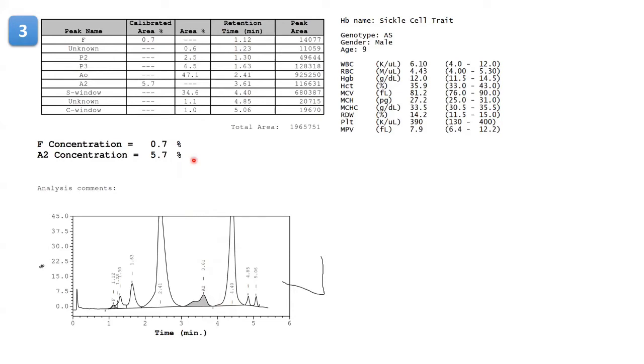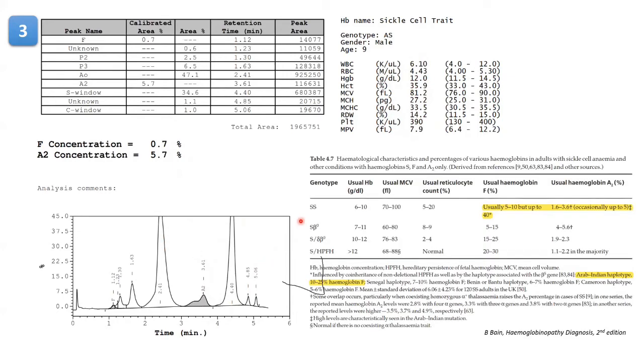This is not hemoglobin sickle cell beta thalassemia compound heterozygous state, because the patient has normal red cell indices and normal hemoglobin with this particular chromatogram. This is nothing but sickle cell trait. So how do you differentiate compound heterozygous sickle cell beta thalassemia versus a homozygous S?